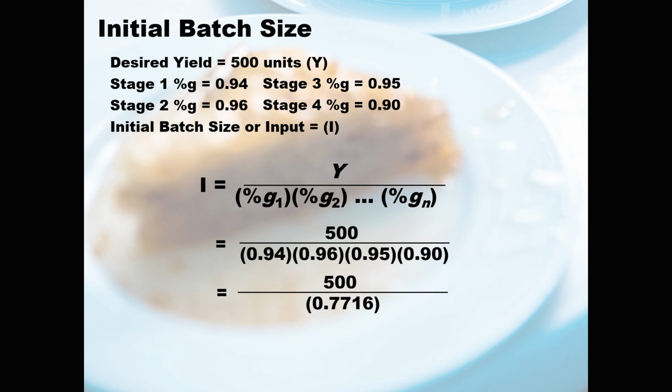And then we divide our desired yield by the 0.7716, and then we get 648 units. So this is the initial batch size that we need for our desired yield of 500. So to produce 500 units at the end of the day, we must start off with 648 units.